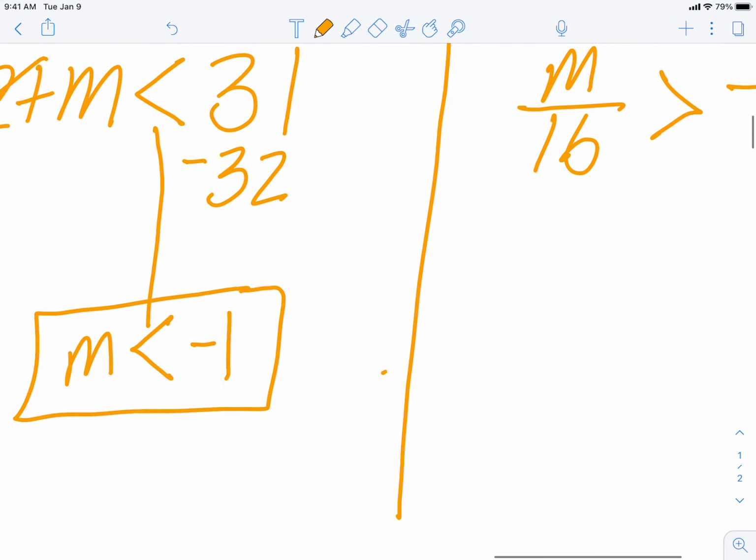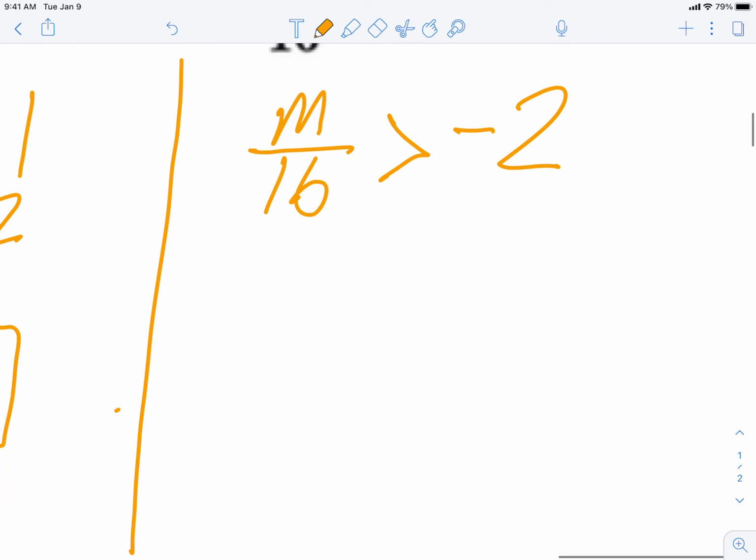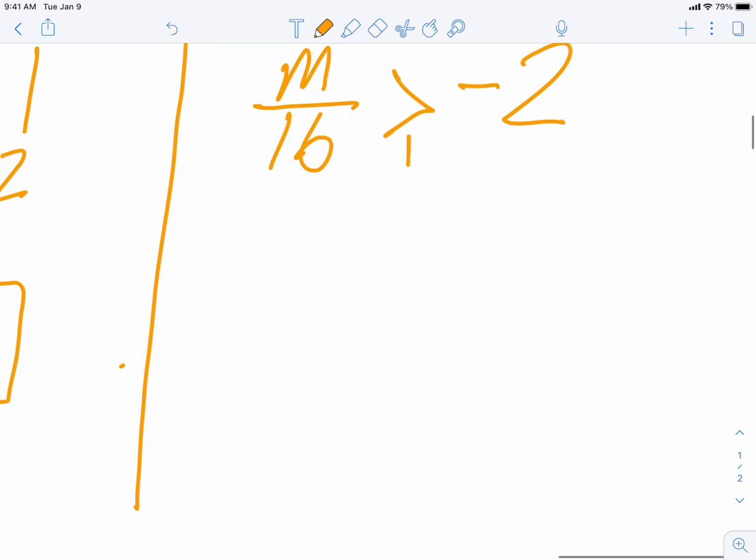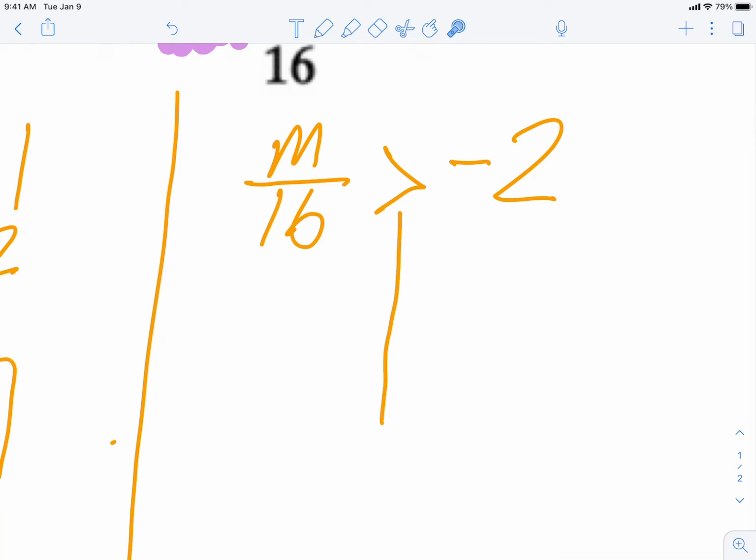Okay. So I'm going to do my second problem now. I'm going to bring down my line of separation. So this says divided by 16, and the opposite of dividing by 16 is multiplying by 16. I'm going to bring down my m.